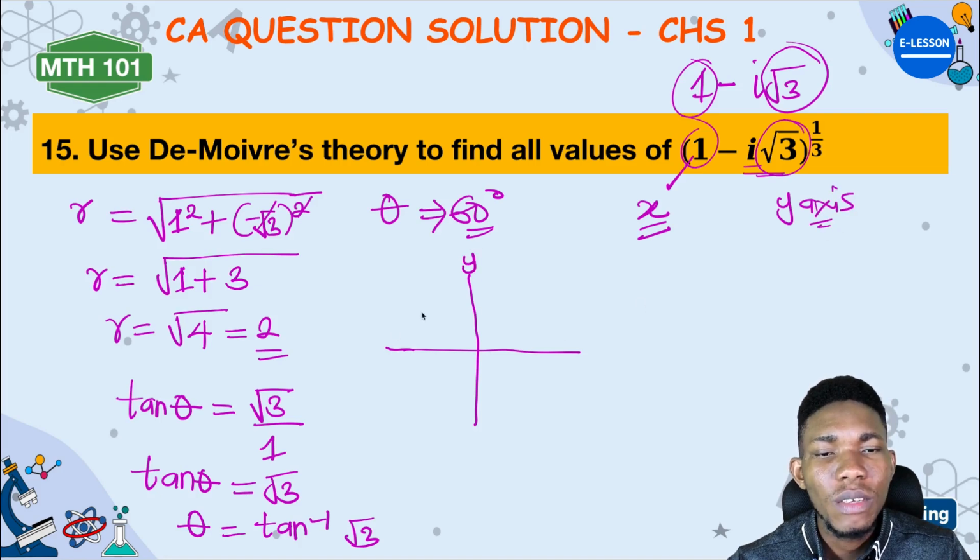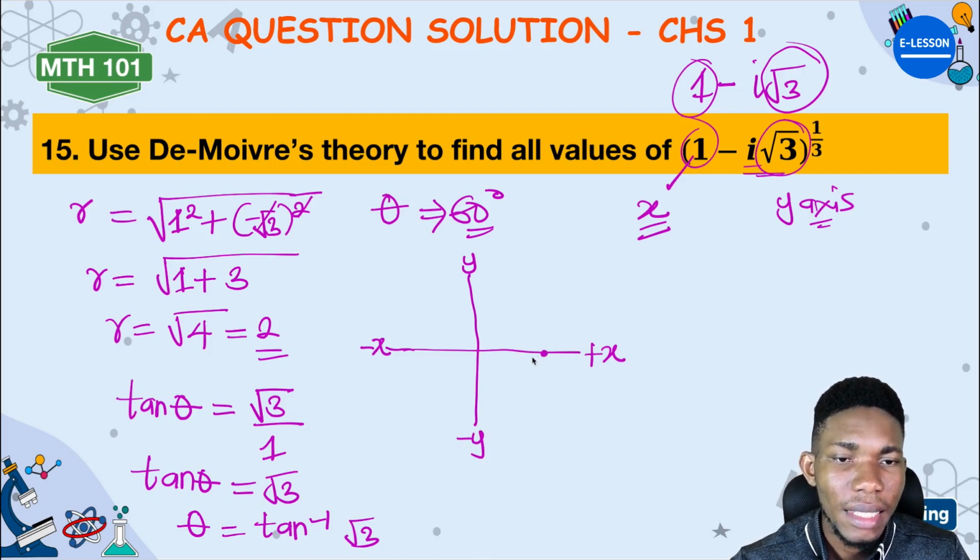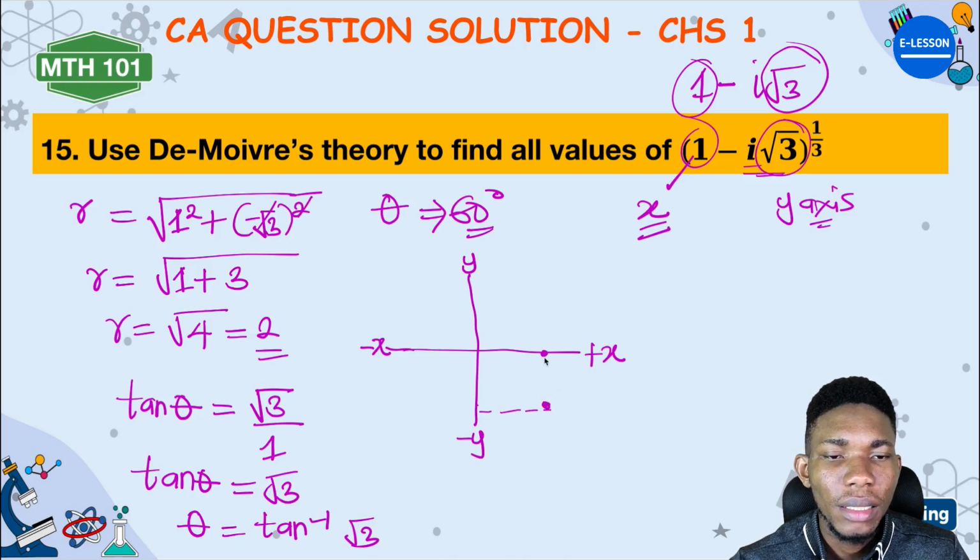From what we know, here is positive y, here is negative x, here is positive x, here is negative y. So 1 unit on the x-axis is somewhere around here, because this is positive. Then root 3 units on the minus y-axis because of this negative sign here. So minus y-axis is somewhere around here. If you trace it, it will fall from here to here. Here is root 3. Here is what? 1.